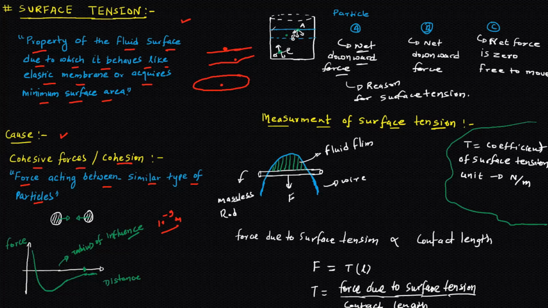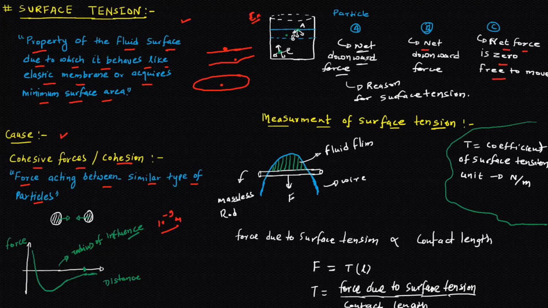Now if you take any fluid and fill it in a container, and consider three particles A, B, C, particle C will be in equilibrium as far as cohesive forces are concerned, because all around it there are particles attracting it. So the total force will be 0, and it is free to move.